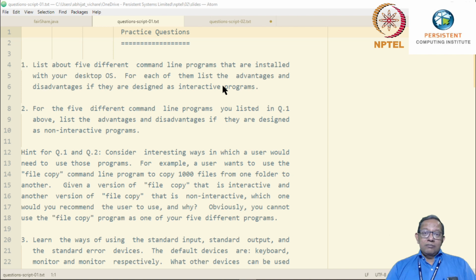Suppose your operating system, Windows, GNU Linux, Mac OS, whichever it is, will typically have a command line version of a file copy program. Consider the scenario when a user has to copy a huge number of files, say 1,000.